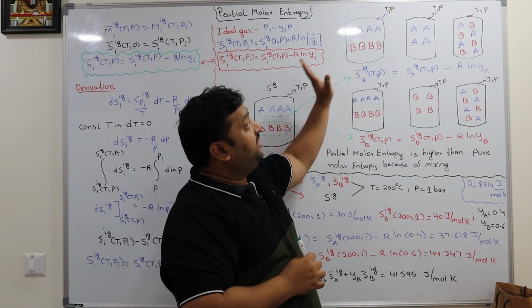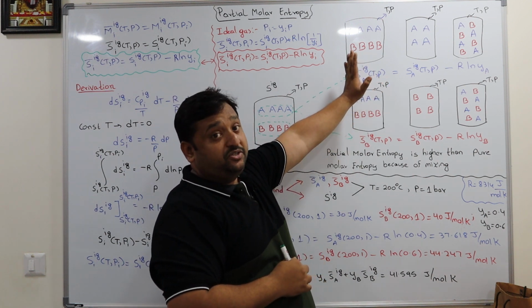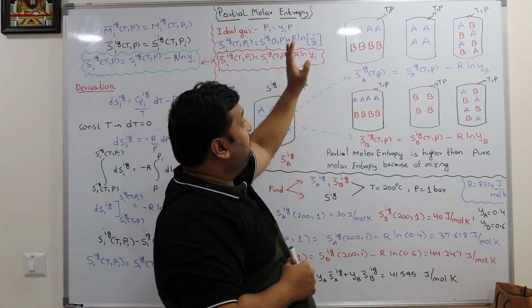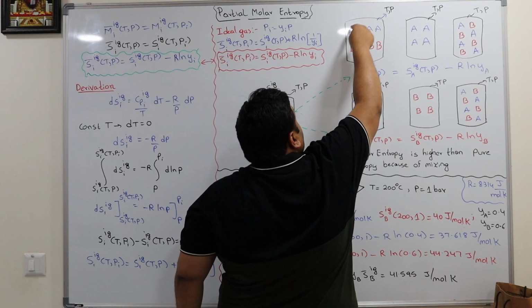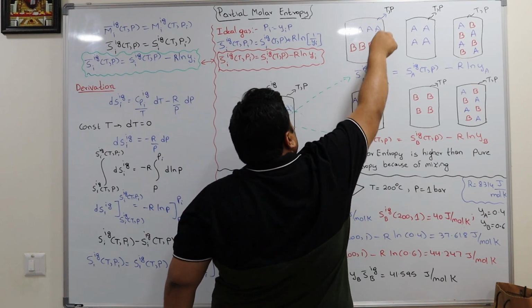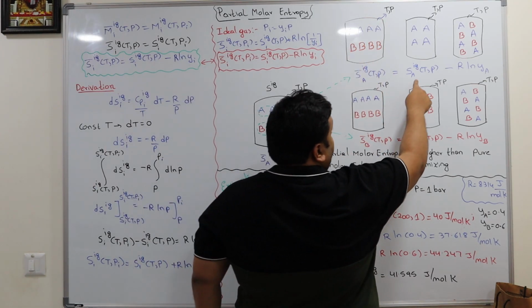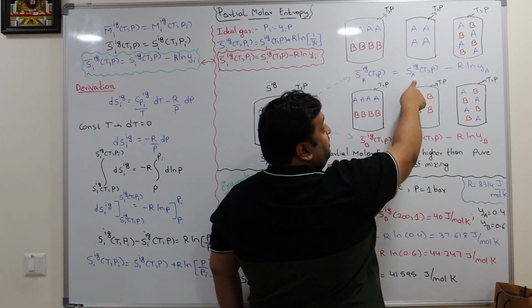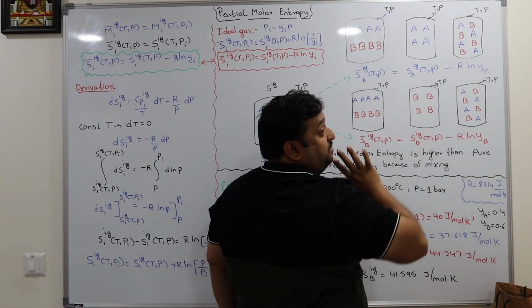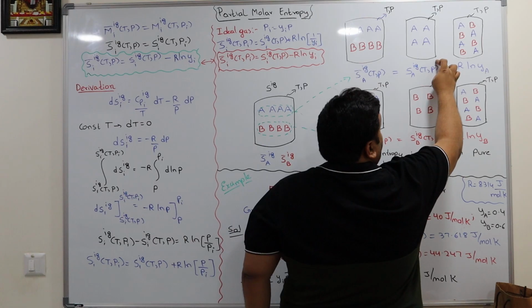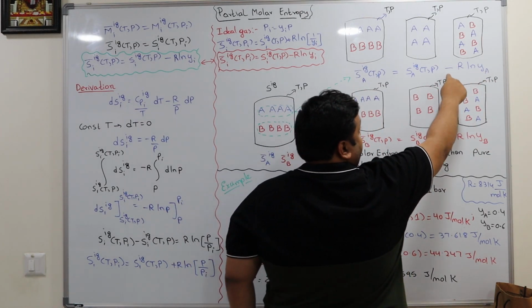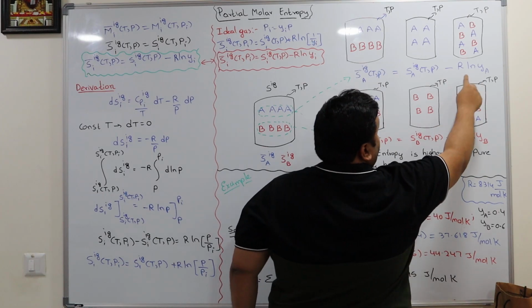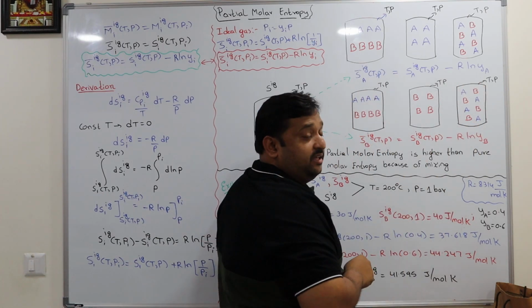So if you see it diagrammatically or pictorially, I am describing it. What we are trying to find out is the partial entropy of A in the mixture. This represents the pure entropy. Pure entropy means only A is present, and you have to add something. In fact it is addition, not subtraction. What is this adding?